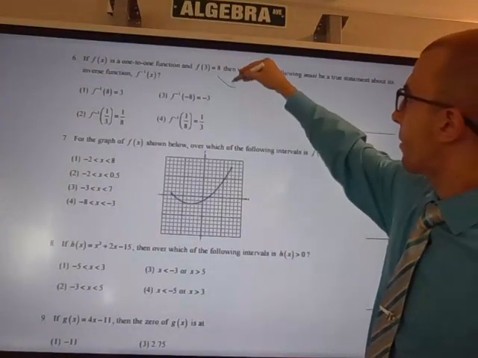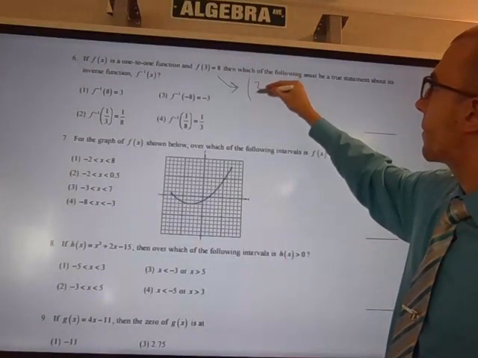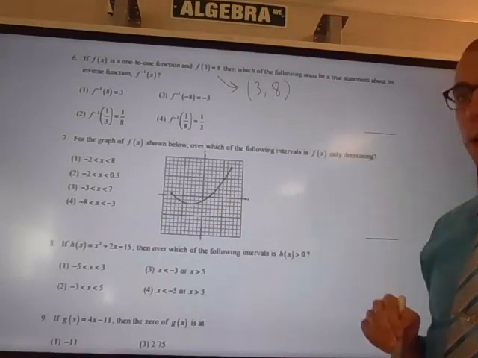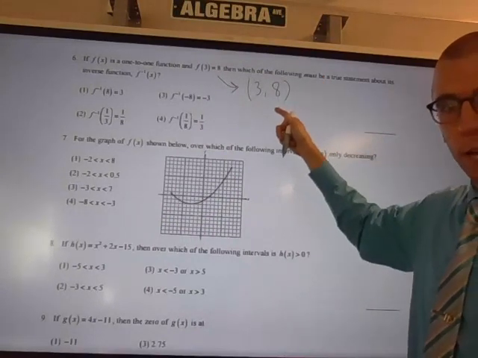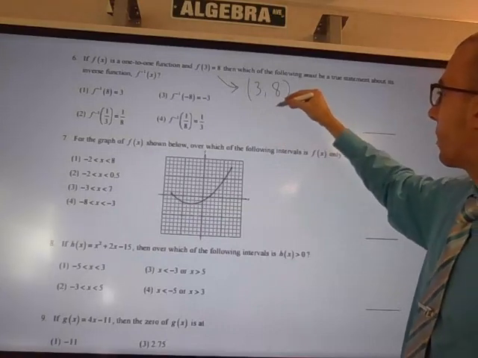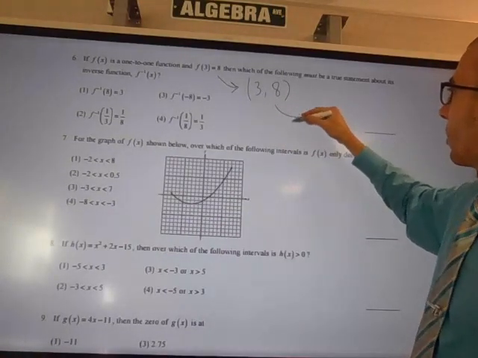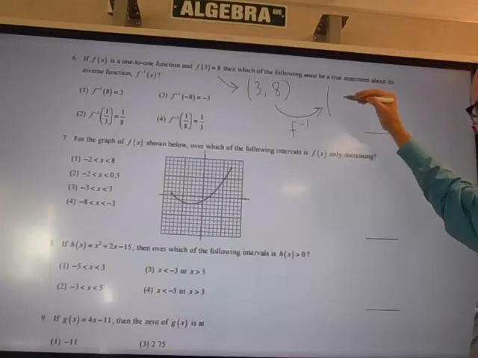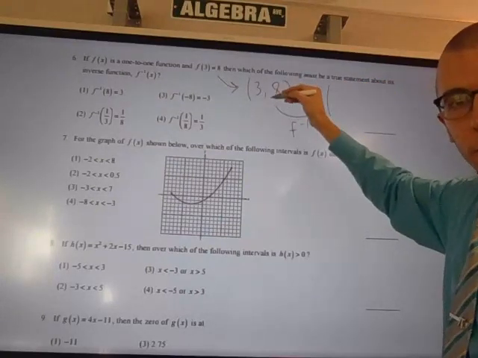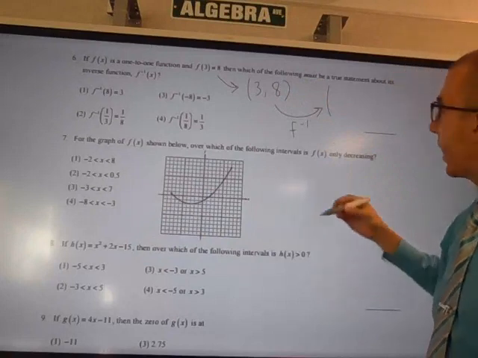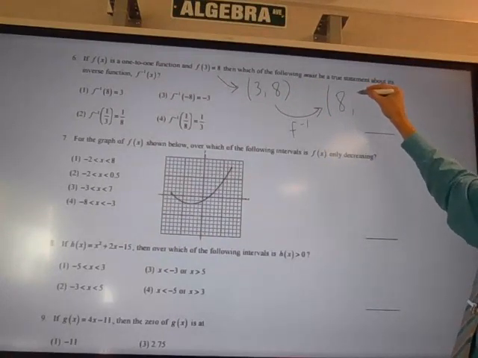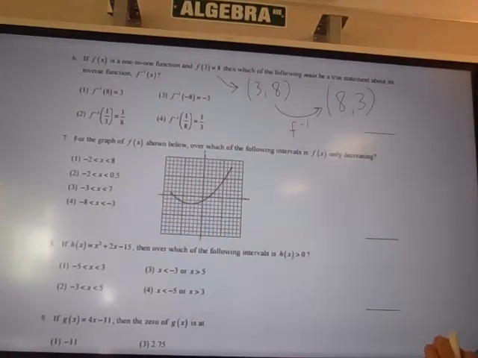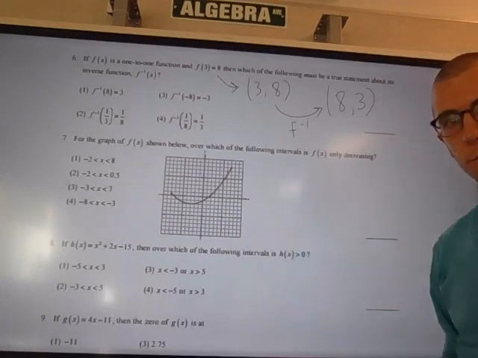So if we have f of 3 equals 8, that represents the point 3, 8. And that's on f of x. Okay? When we are now looking at the inverse, f inverse, remember you do the old switcheroo. You don't negate these. The point does not become negative 3, negative 8, but they switch positions to give us the point 8, 3.